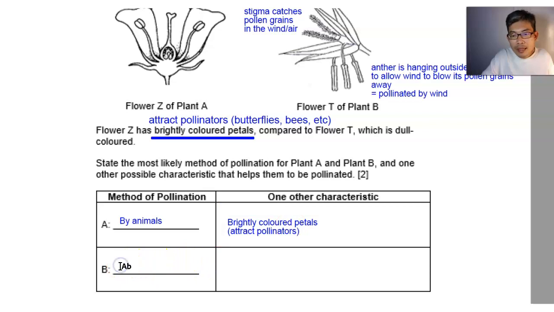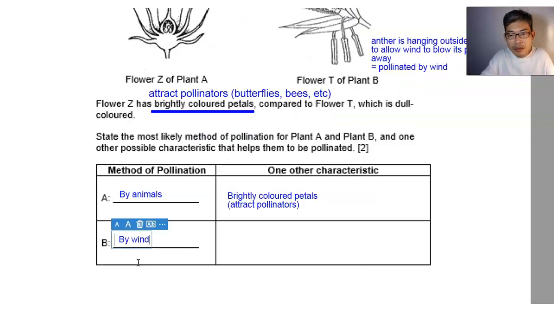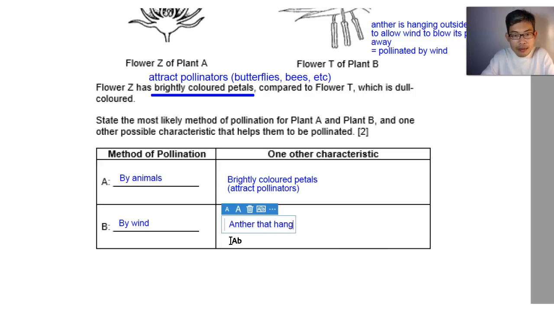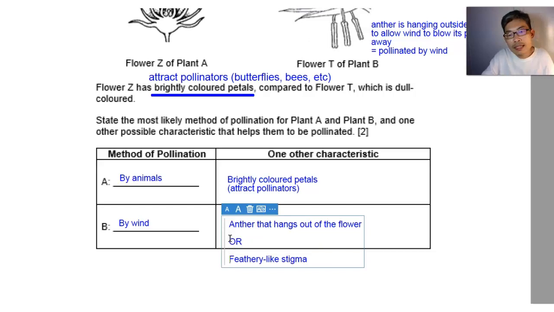Now here is by wind. And for the characteristic, you can choose one or two. As I said, it has an anther that hangs out of the flower. Or you can talk about the feathery like stigma. So you have two possible answers, this or that.